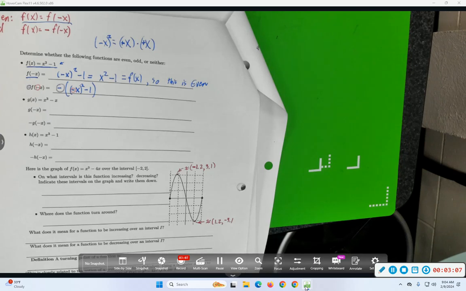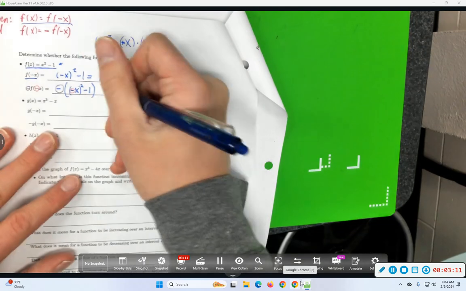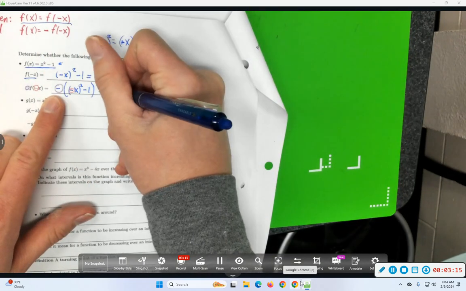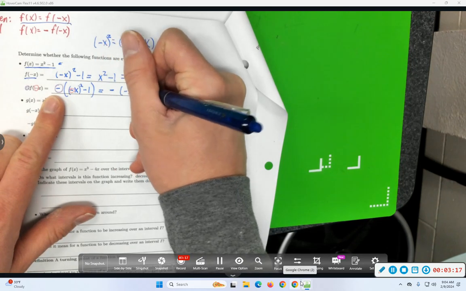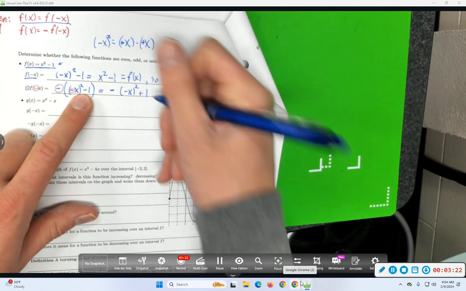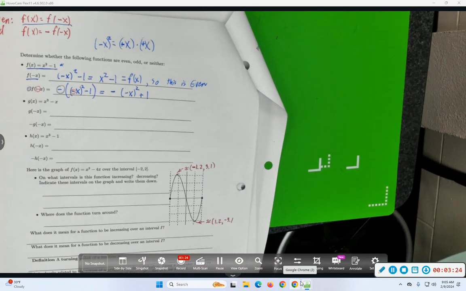Distribute the negative. Let's distribute the outside negative. So let's see, that would become negative x squared minus 1, so minus negative x squared and plus 1. All right, what next?